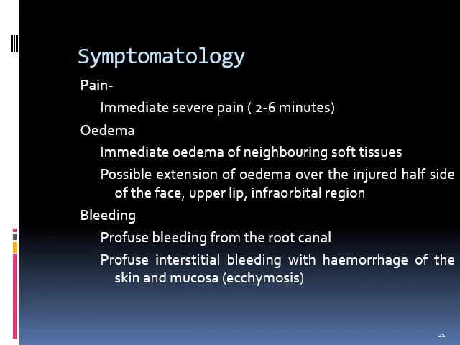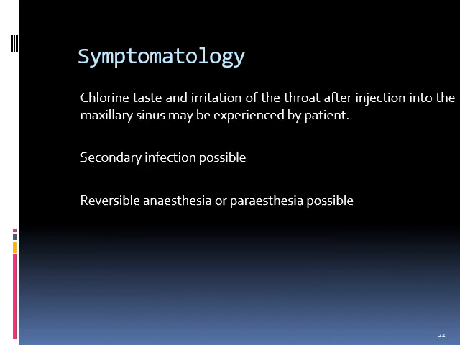After this, there is profuse bleeding from the root canal, or profuse bleeding with hemorrhage of the skin and mucosa, which is called ecchymosis. Chlorine taste and irritation of the throat after injection into the maxillary sinus may be experienced by the patient. Secondary infections are possible. Also, reversible anesthesia or paresthesia is possible during sodium hypochlorite toxicity.